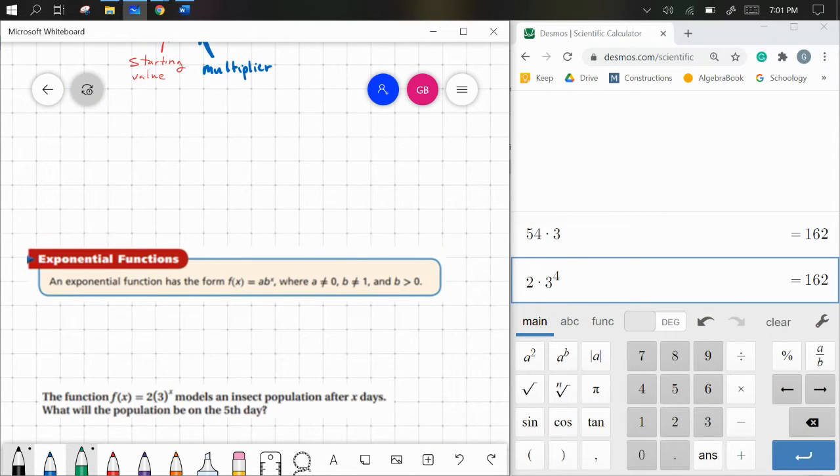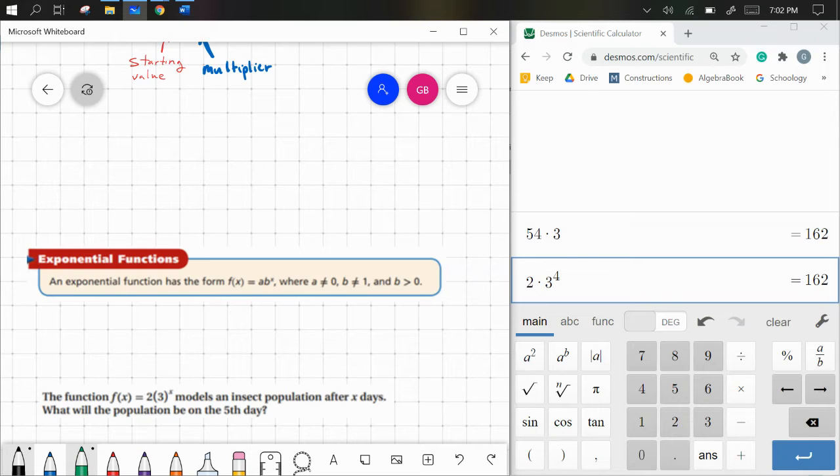Here we have the general formula. So f of x is equal to a times b to the power of x, where a cannot be 0 because if a was 0, then everything would be 0, so it wouldn't be a function anymore. And then b cannot be 1 because 1 to any power is always going to be 1.